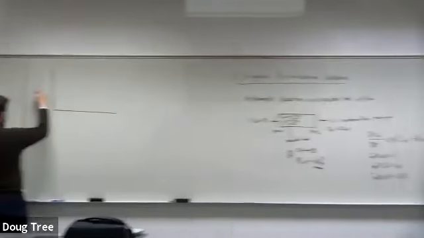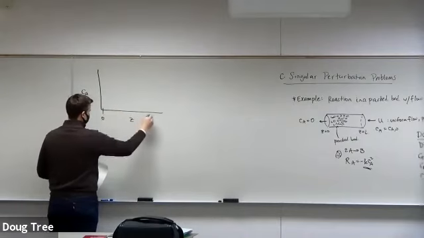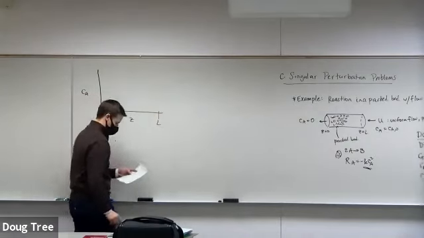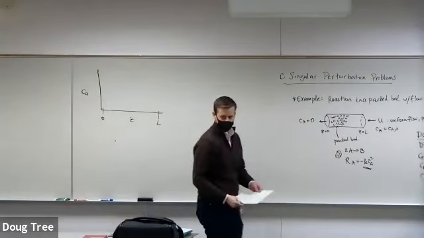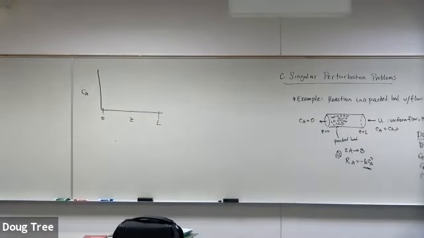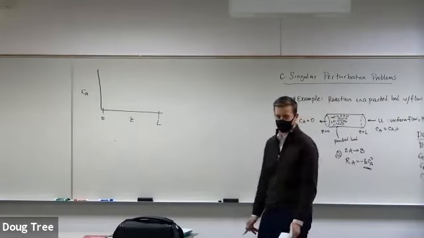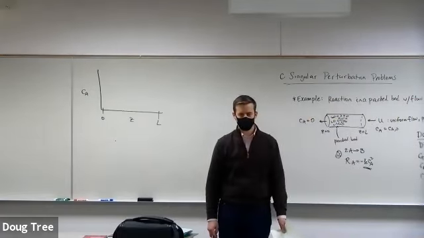If I plot the concentration here, plot Z here, and 0, L. What is my solution going to look like when I have no flow and no reaction? We should know that one just by looking at it. It's just going to be the second derivative equals 0.